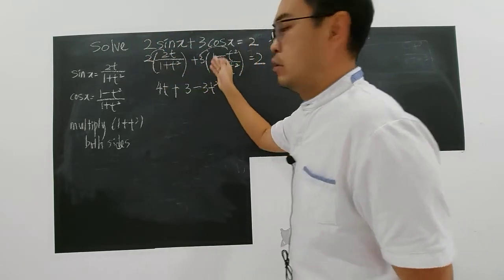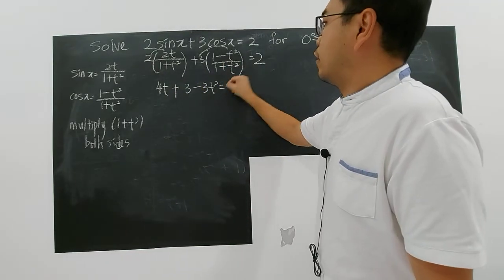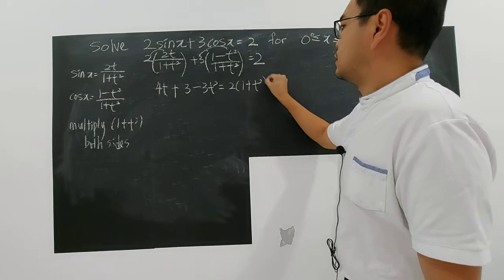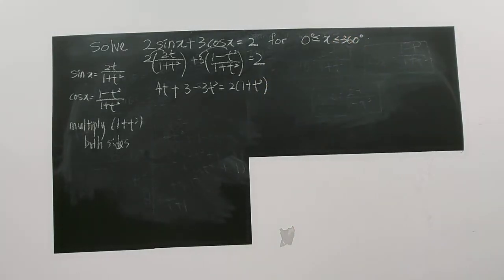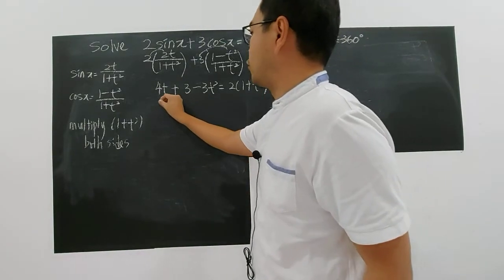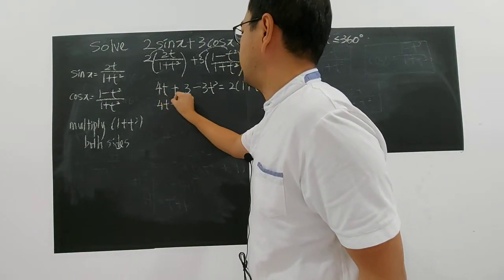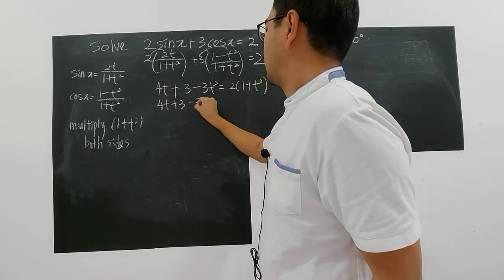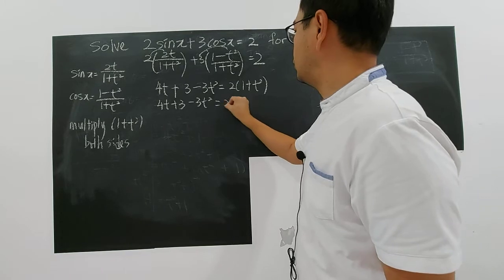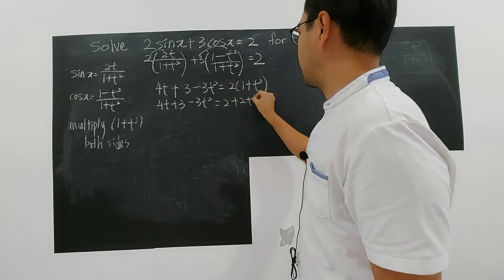Remember, you have cancelled out the 1 plus t squared. And of course, this side you also must multiply by 1 plus t squared. Now is the time to rearrange this in the form of a quadratic: 4t plus 3 minus 3t squared equals 2 plus 2t squared.